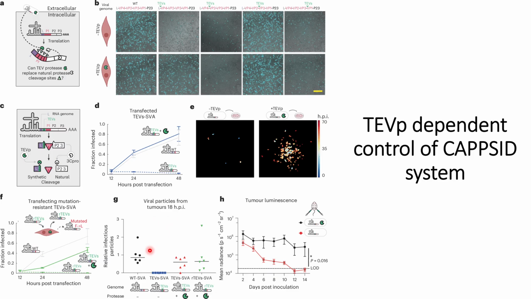In the in vivo studies, they find that the results from the SVA capsid system, where cleavage sites are modified with the TEV detectable cleavage sites, and also in the case where recombinant or modified TEV is used with the TEV protease, in both cases they are not able to see any significant increase in the infectious particles, and these signals are comparable to the case where they use wild type SVA without any modification in the cleavage site.